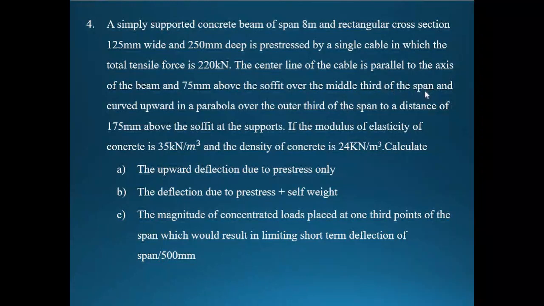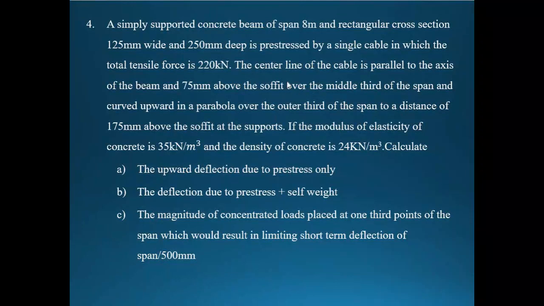Middle third of the span means it is nothing but L by 3. Here L may be anything, but here L is 8 by 3. At 8 by 3 distance from the soffit up to the cable, it is 75 mm and curved upwards in a parabola over the outer third of the span to a distance of 175 mm.